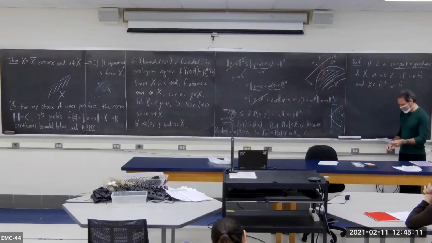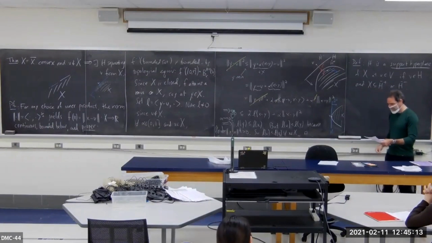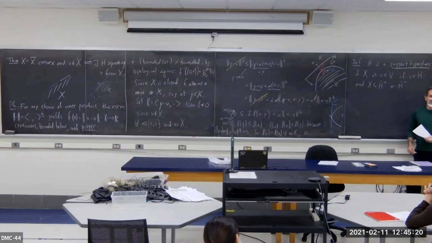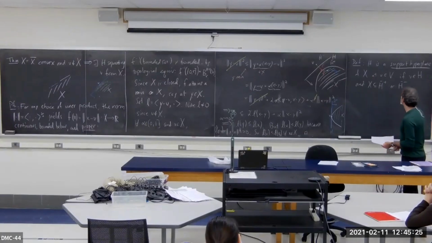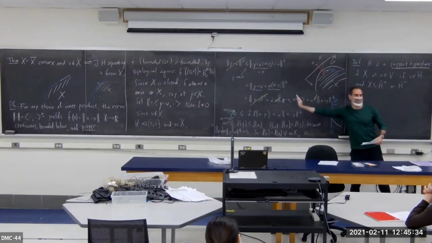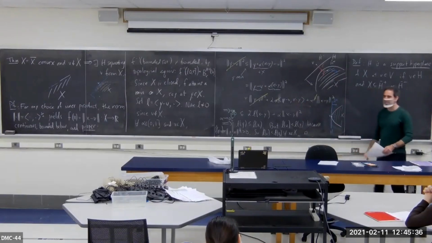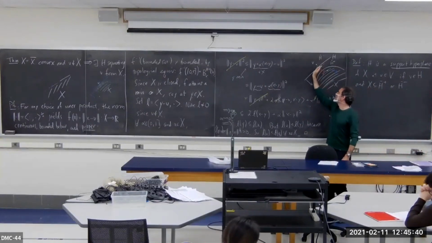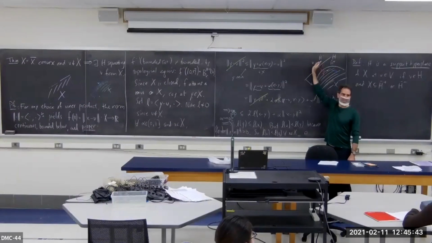So what's the difference between being a support hyperplane and being a separating hyperplane? You have to look back at the definitions. For a support hyperplane, I want v to be in H, whereas for a separating hyperplane I want v to be in this closed half space. But if v was in the closed half space, I could always move the hyperplane up so that it contained v.